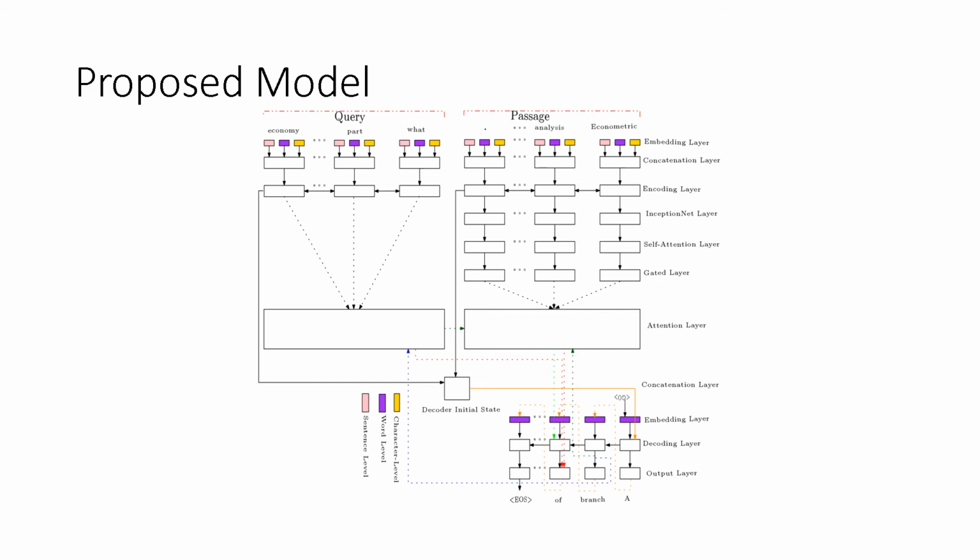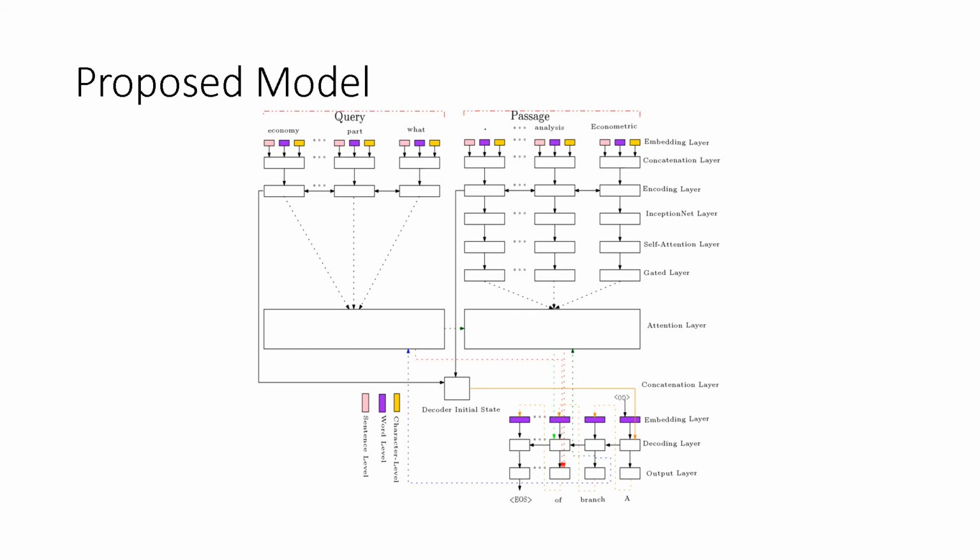Then we have the attention layer, which is responsible for aligning the input sequence for decoding the output sequence. We apply the attention layer to both the passage and the query, and we concatenate the final hidden states of both the query and the passage.